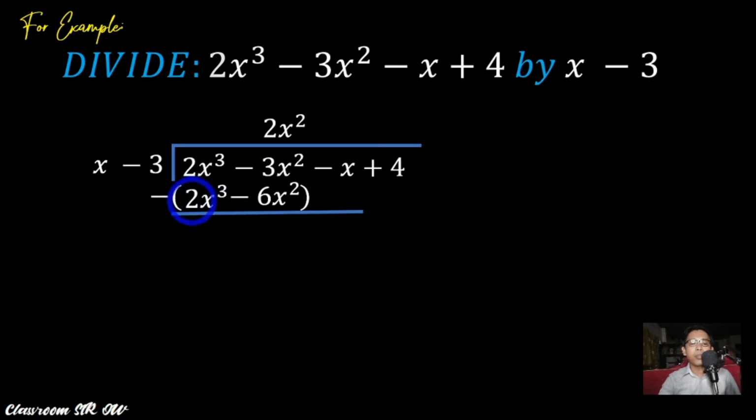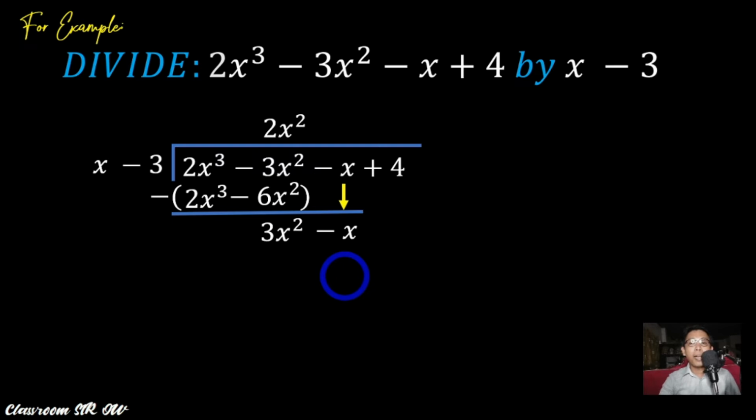Positive 2x cubed becomes negative 2x cubed, and negative 6x squared becomes positive 6x squared. So 2x cubed minus 2x cubed is 0. And 6x squared minus 3x squared is positive 3x squared. After that, we will bring down negative x, which is the next term.